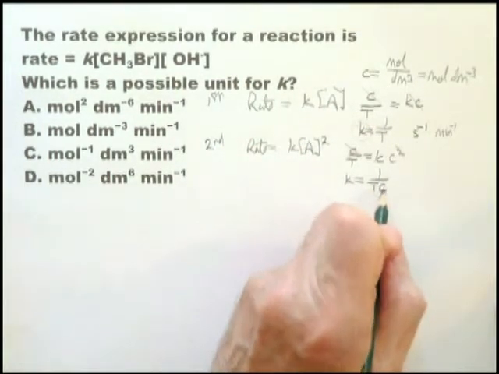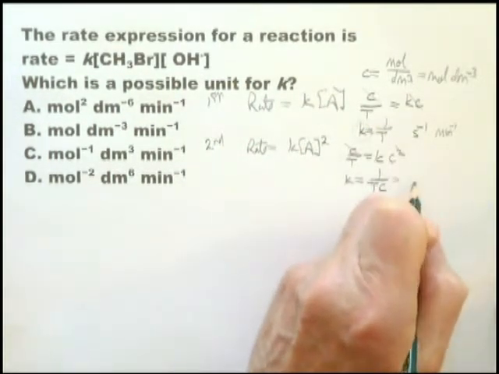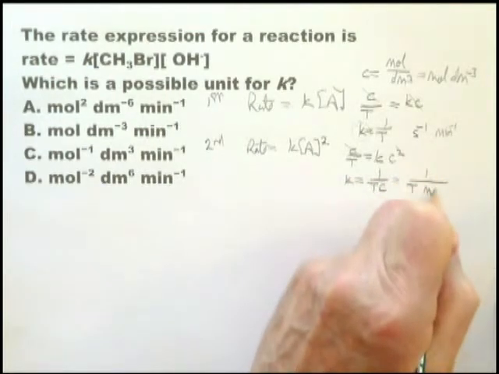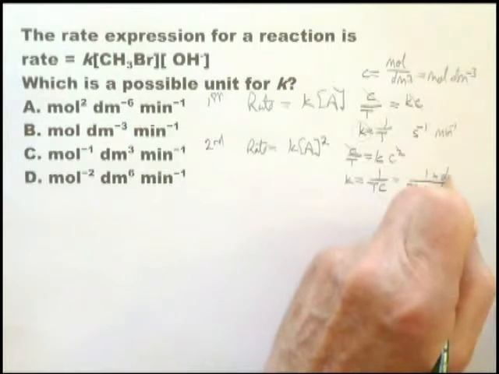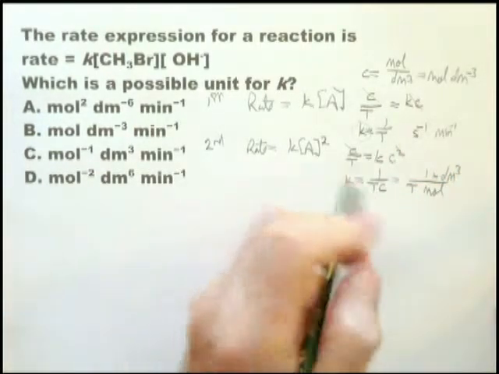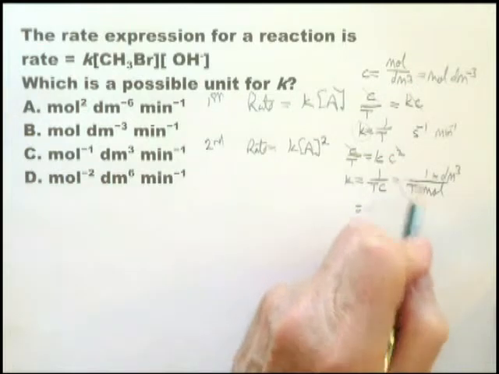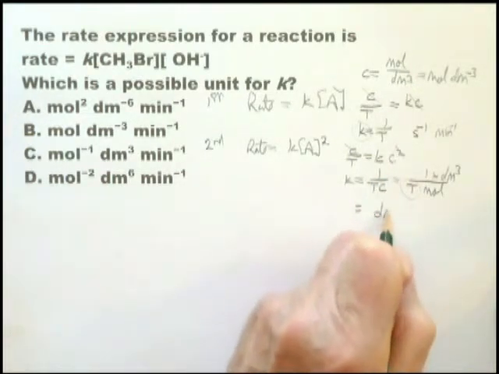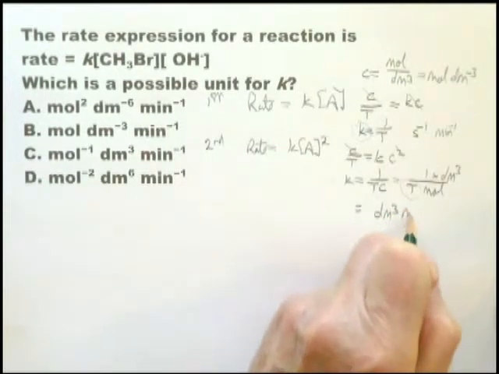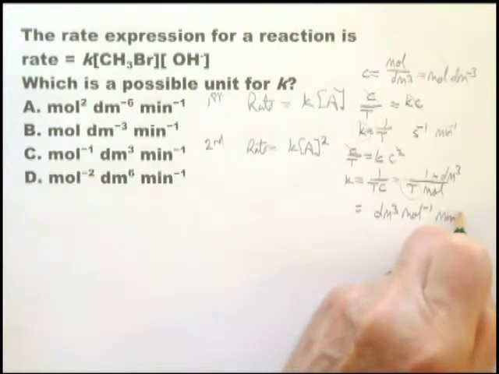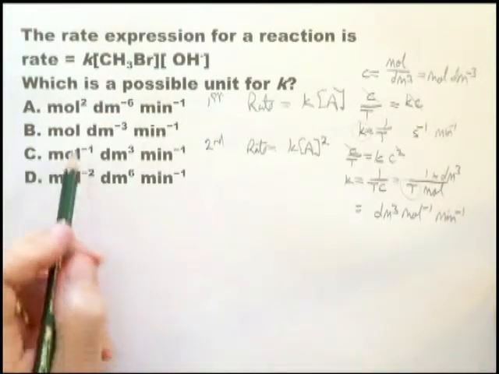We'll now substitute that, and that equals 1 over T times mole on the bottom and dm3 on the top, and we'll substitute minutes for T. So that's dm3 mole minus 1 minute minus 1. Lo and behold, that's the answer.